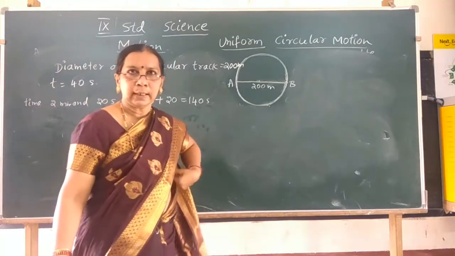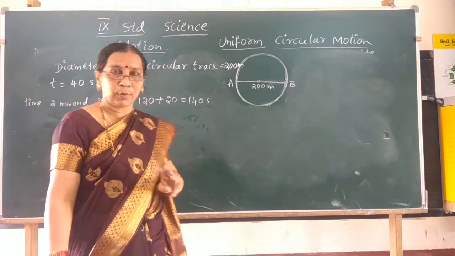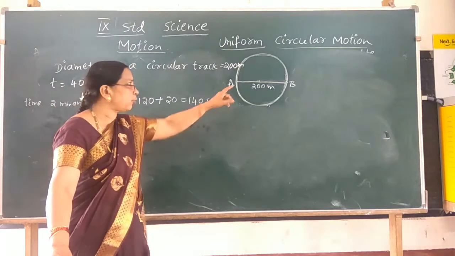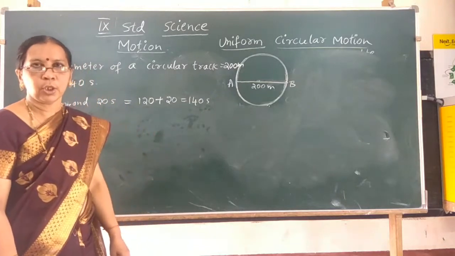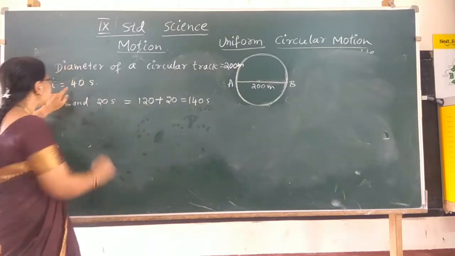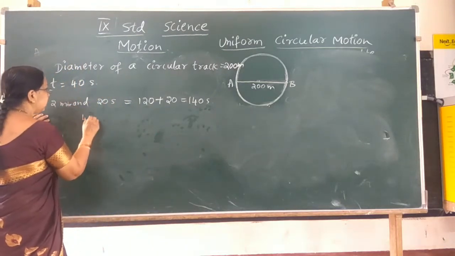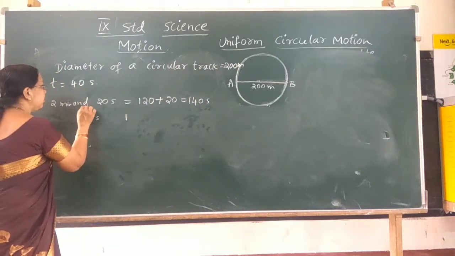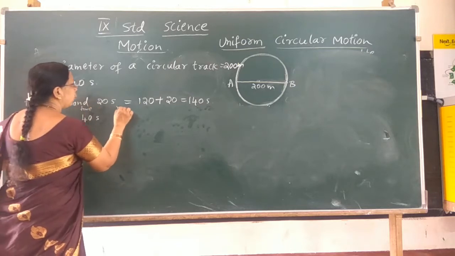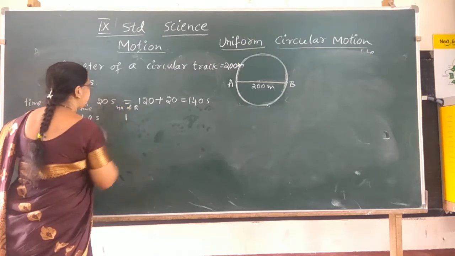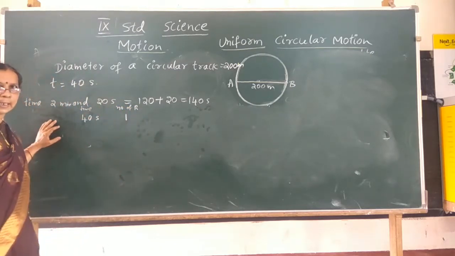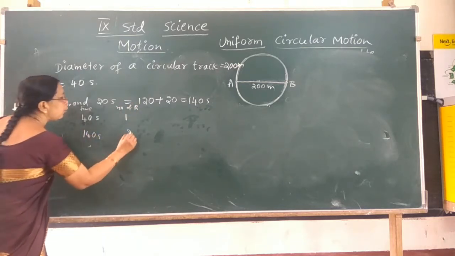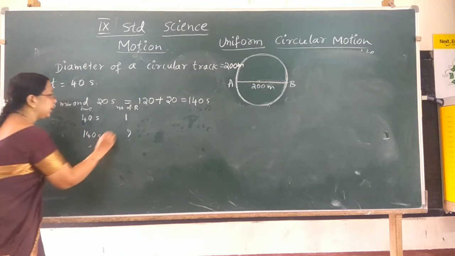So let us see how many rounds he can cover in 140 seconds. Then easily you can find the distance covered. In 40 seconds he completes one round. In 140 seconds, how many rounds can be completed?